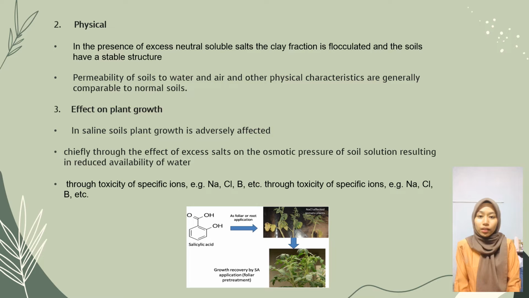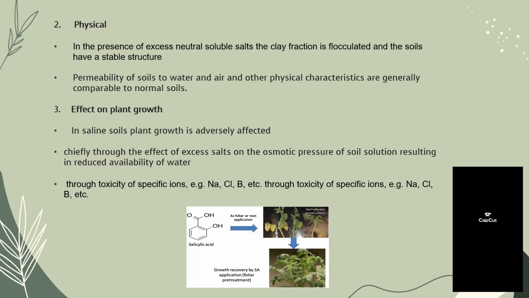In saline soil, plant growth is adversely affected through the effect of excess salt on the osmotic pressure of the soil solution, resulting in reduced availability of water, and through toxicity of specific ions, e.g. Na, Cl, B.